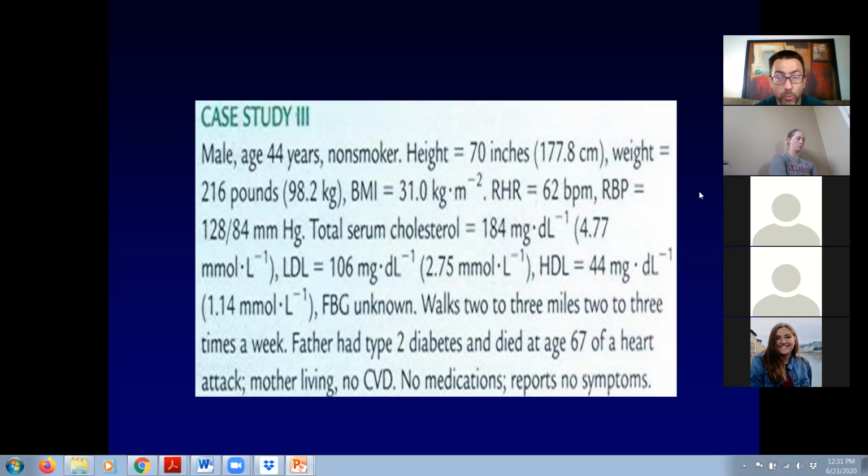So just remember, unless you have a diagnosed disease or you have signs and symptoms, you cannot be high risk. It doesn't matter what you have a family history of. It doesn't matter how many of your other risk factors, even if you had all 7 risk factors, if you do not have a diagnosed disease and you don't have signs or symptoms, you're not high risk. So high risk is pretty rare for a lot of people that we're going to encounter. Okay. So there we go.